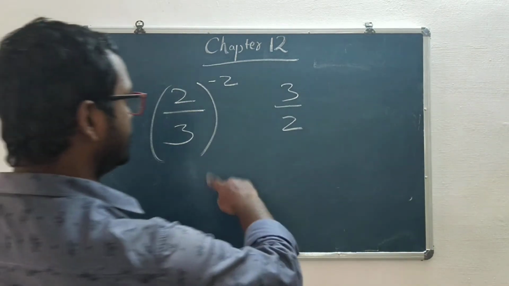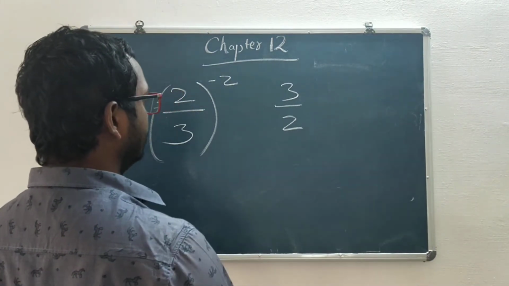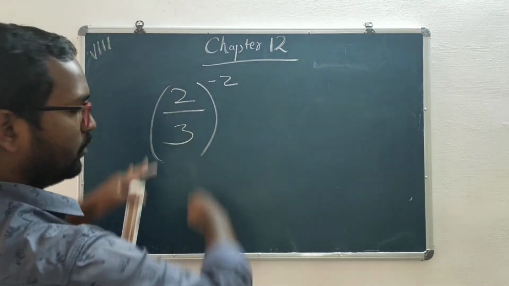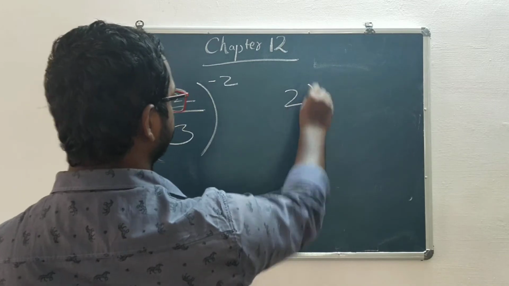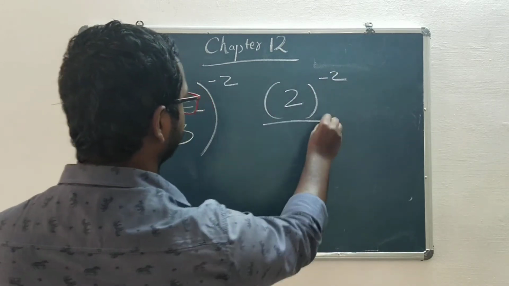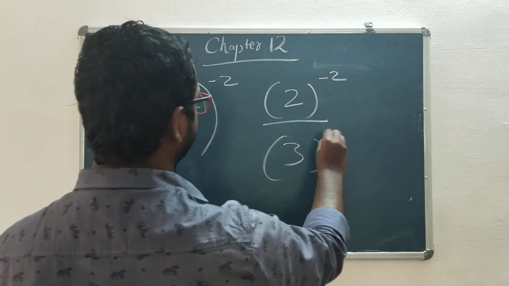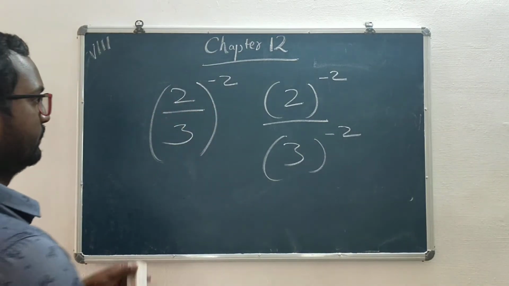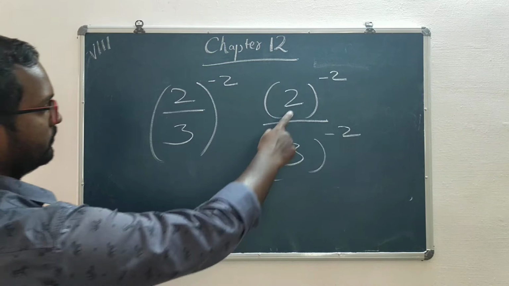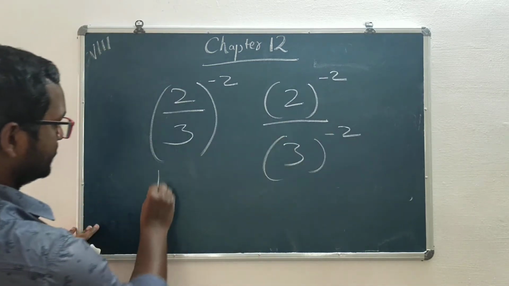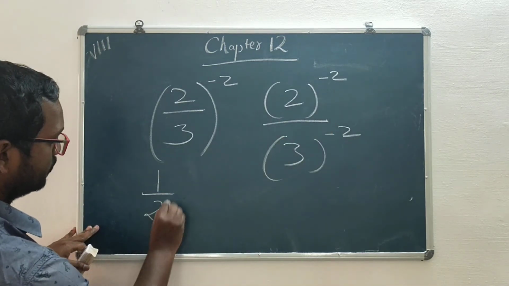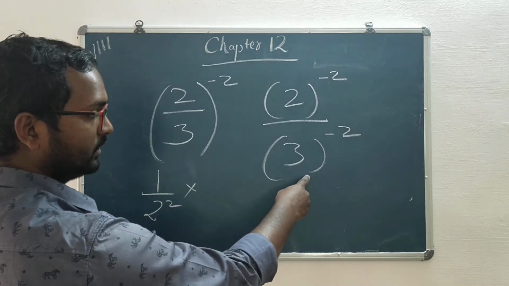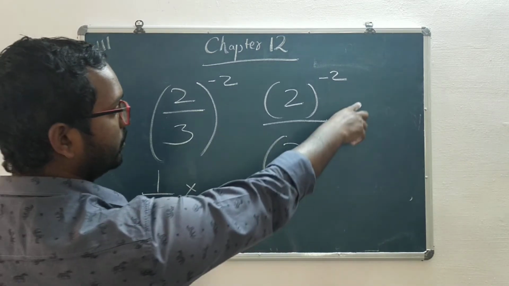Or you can do one more way: just open the bracket. This becomes 2 power minus 2 in the denominator, and 3 power minus 2 in the numerator.